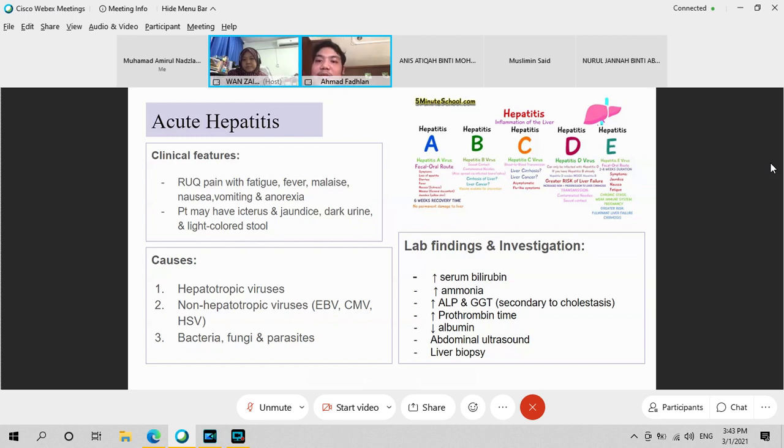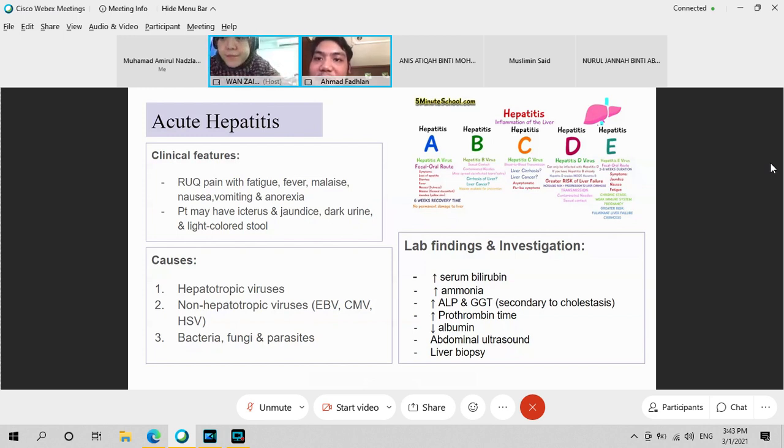Next is non-hepatotropic virus such as Epstein-Barr virus, cytomegalovirus, and HSV. Next is the bacteria, fungi, and parasites. The clinical features are right upper quadrant pain with fatigue, fever, malaise, nausea, vomiting, and anorexia.